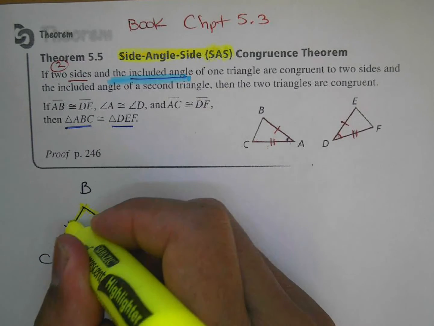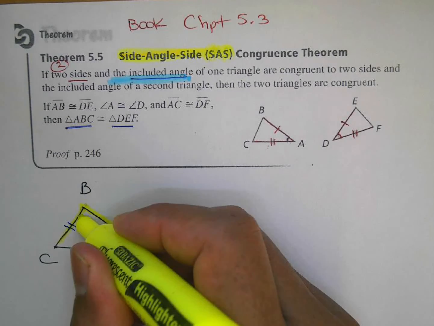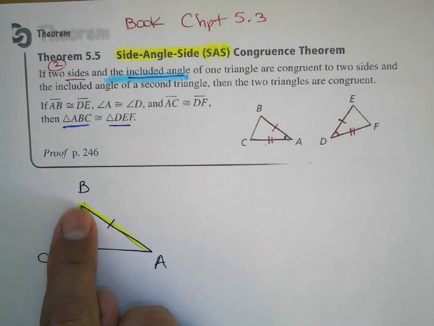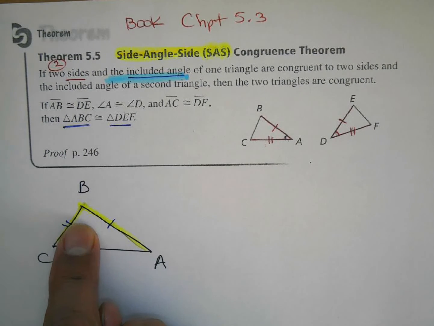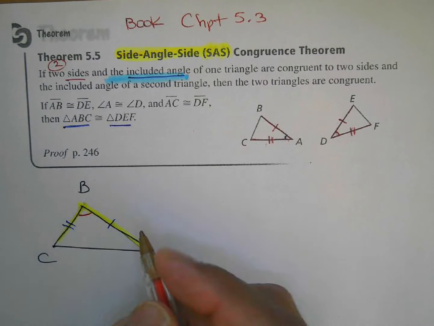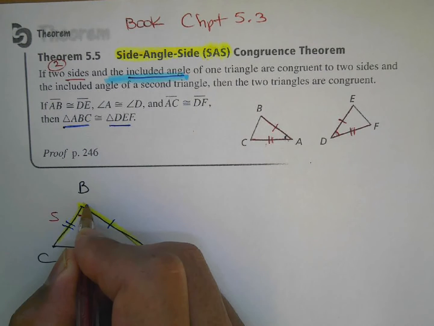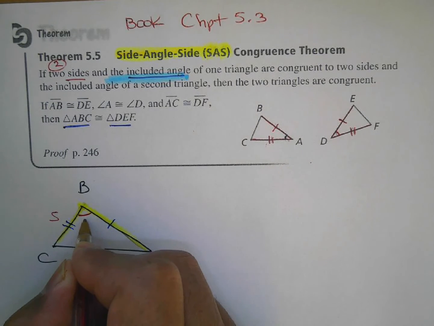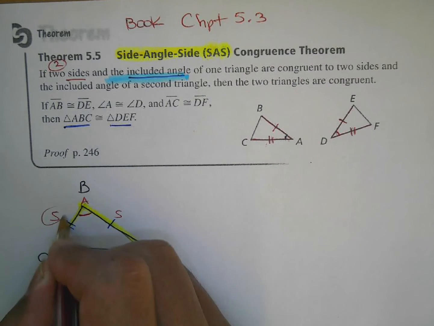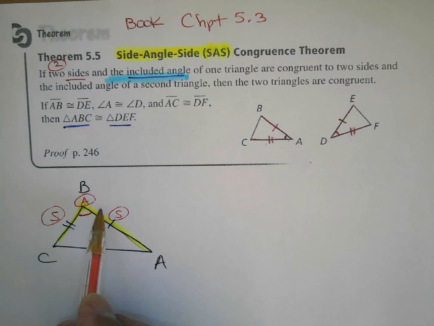Which angle makes those two sides? This one. This is the angle connecting those two sides, so this would be the included angle. This is side, and then this is A for the angle. Side, angle, side. You can read it this way or you can read it this way.